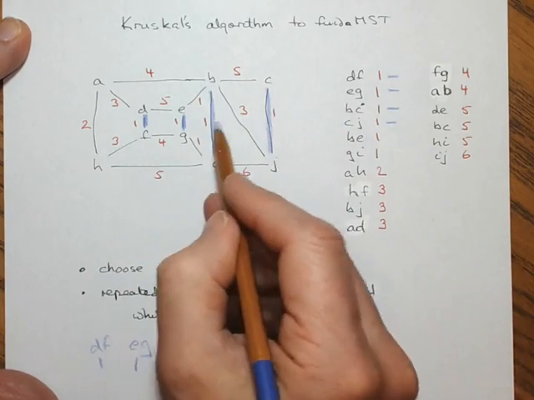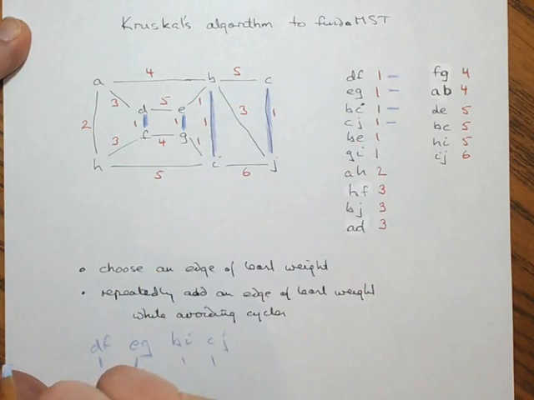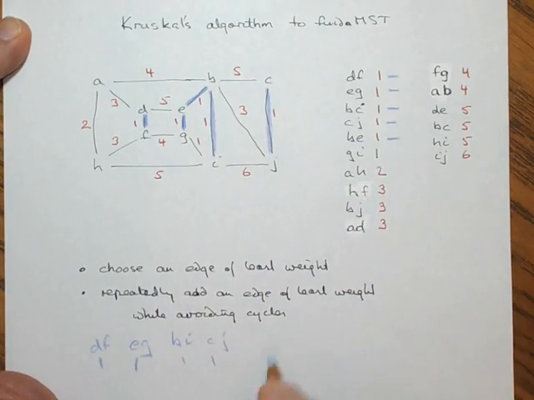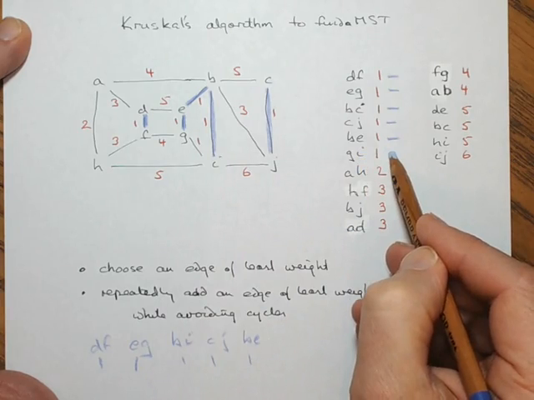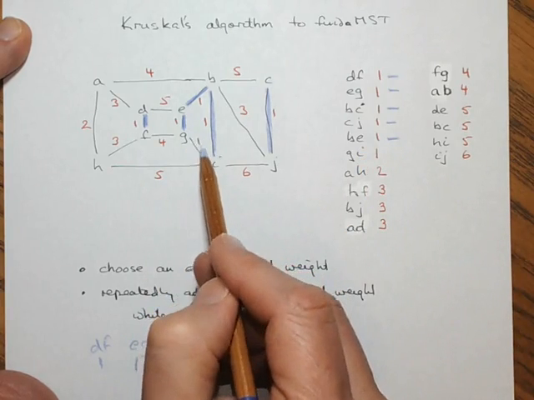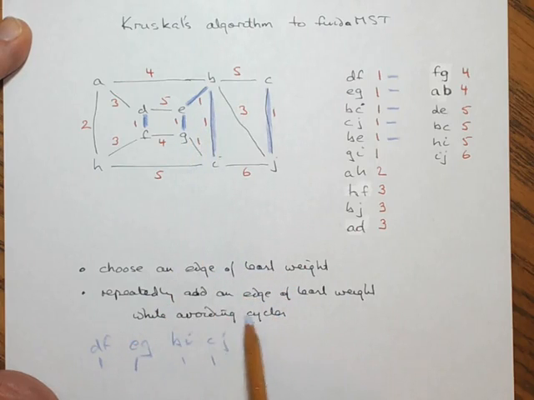Now, notice at this stage, everything is disconnected as far as the spanning tree goes. So B to E, yep, we can add that in. Still disconnected. G to I, weight 1, that's the smallest of the things left. G to I, no, we can't add that in because this would create a cycle. So we wouldn't be avoiding a cycle. So we can't put in G to I.